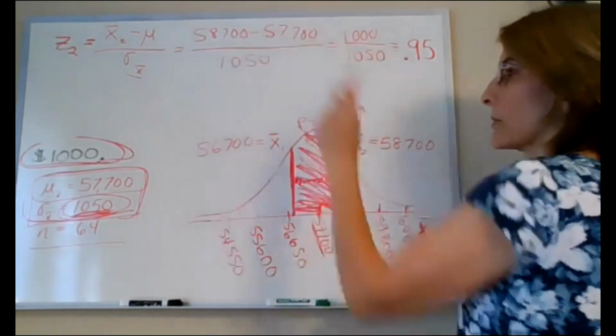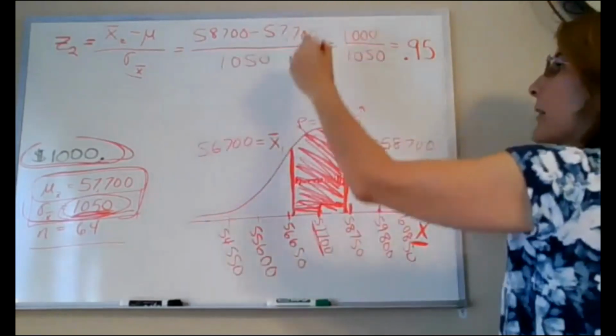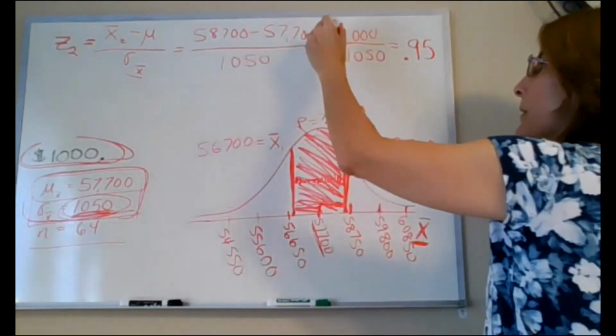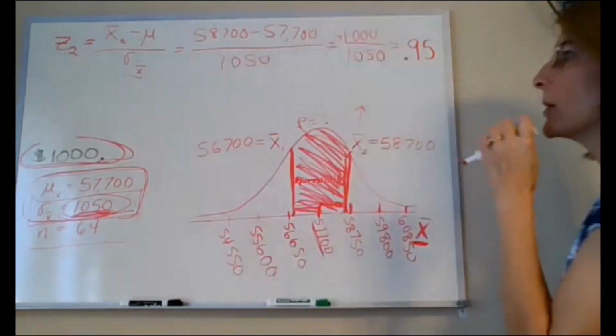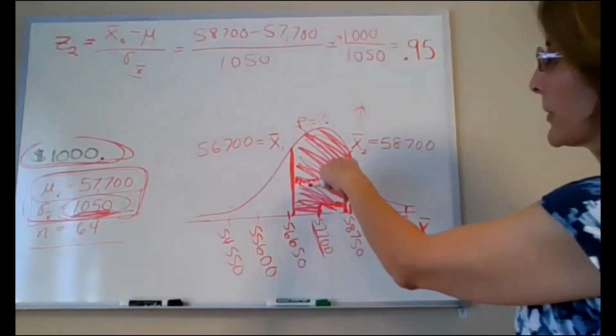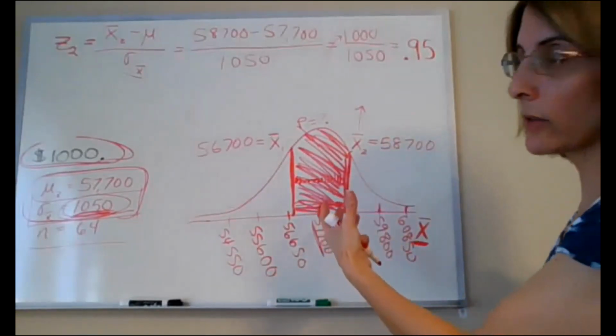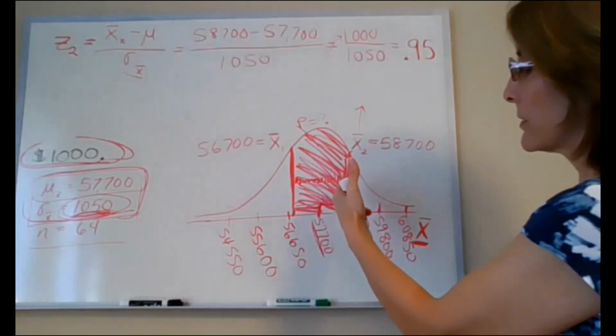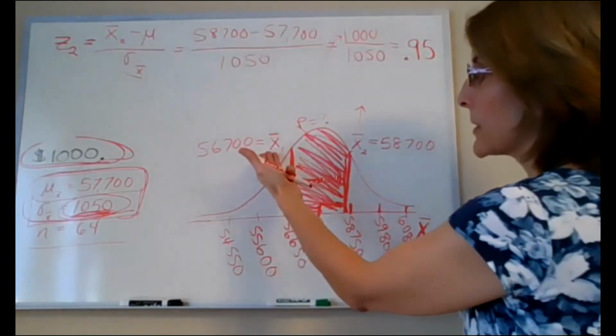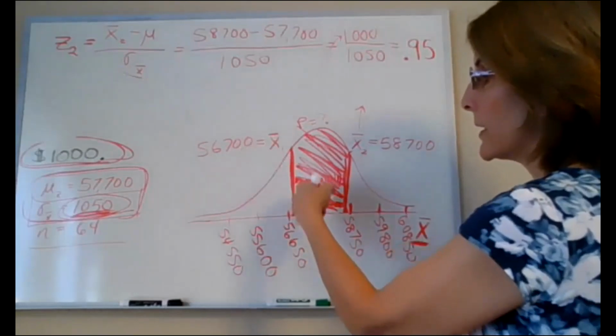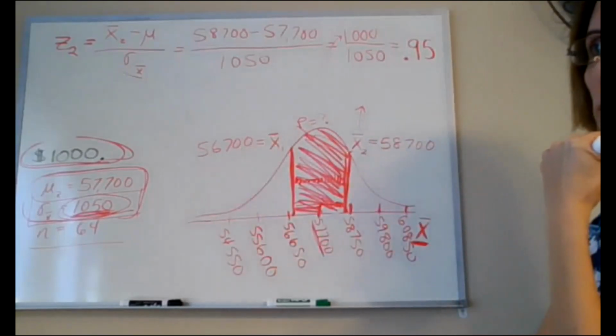So when you do this out, this is where the 1,000 ends up. Because the high end of your sampling error is going to be 1,000 above. That's your max sampling error. So unsurprisingly, the guy in the bottom, this Z1, he's 1,000 below the mean.